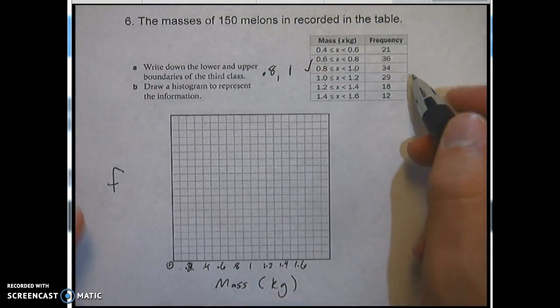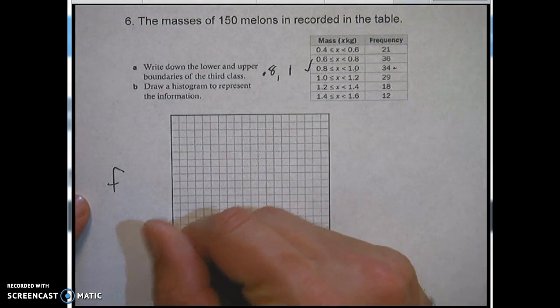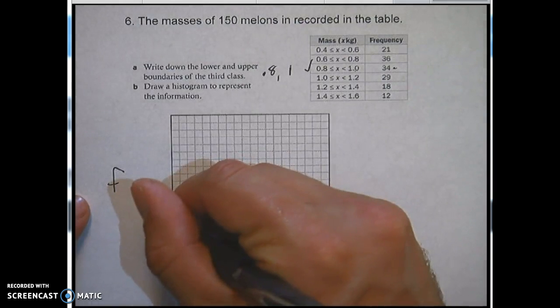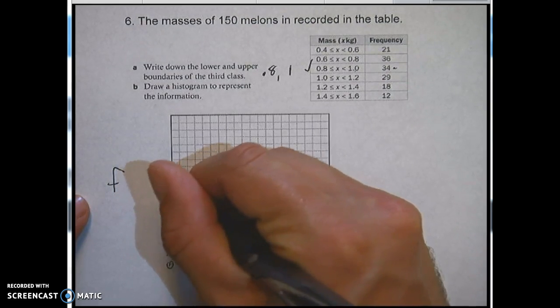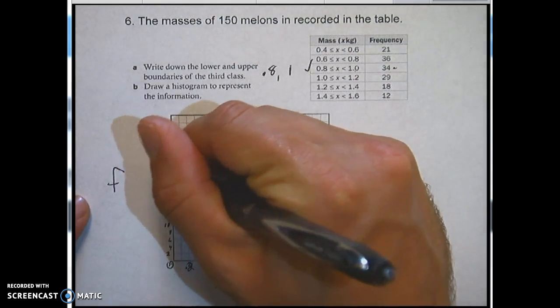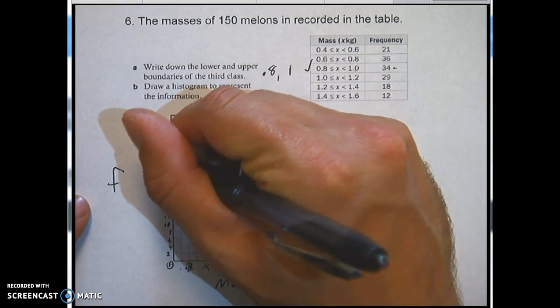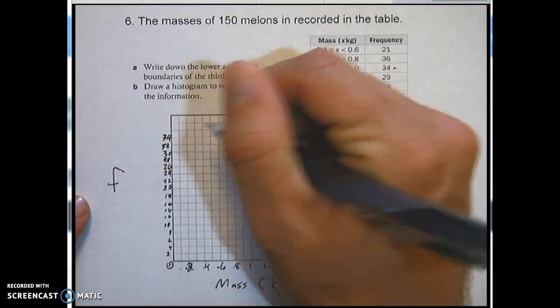And then the frequency needs to go up to 34, so I think we can accomplish that just by going by 2. So 2, 4, 6, 8, 10, 12, 14, 16, 18, 20, 22, 24, 26, 28, 30, 32, 34.